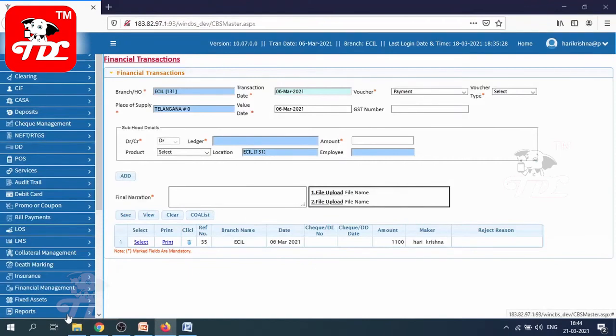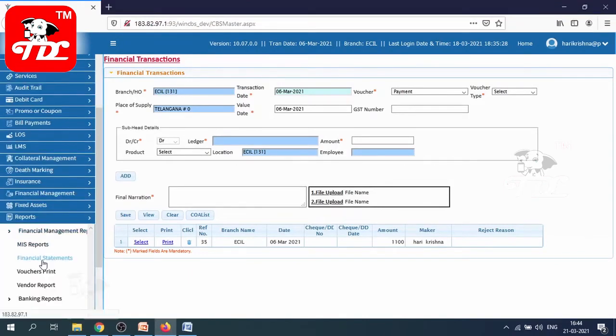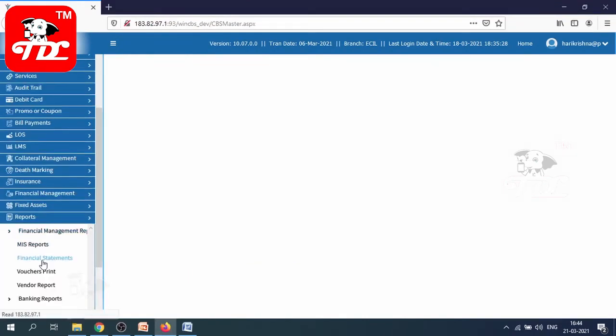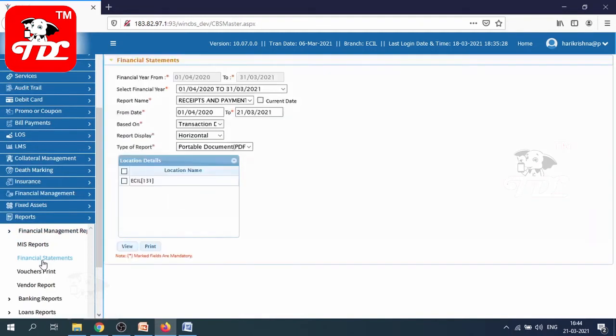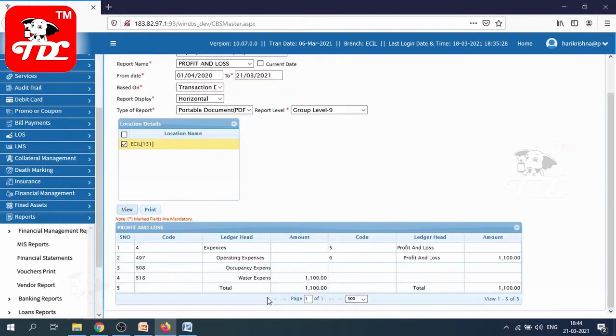I'll go to reports, financial reports, financial statement. First I'll check the profit and loss account. You can see expenses of 1100 rupees, it's debited. Now we'll see the balance sheet.